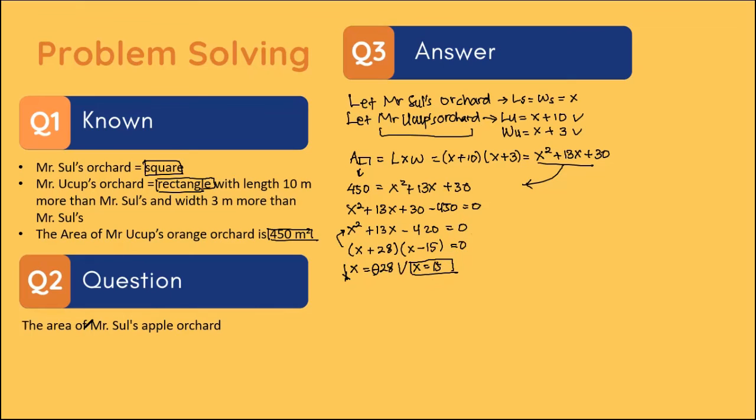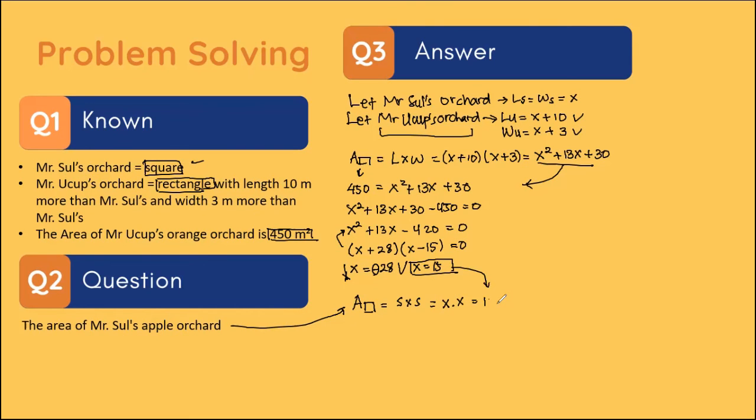And then we can search for the area of Mr. Soal's apple orchard. Mr. Soal's apple orchard is a square. Okay, so we write the area of a square. The formula is side times side. And here we get x times x. What is x? x is 15.